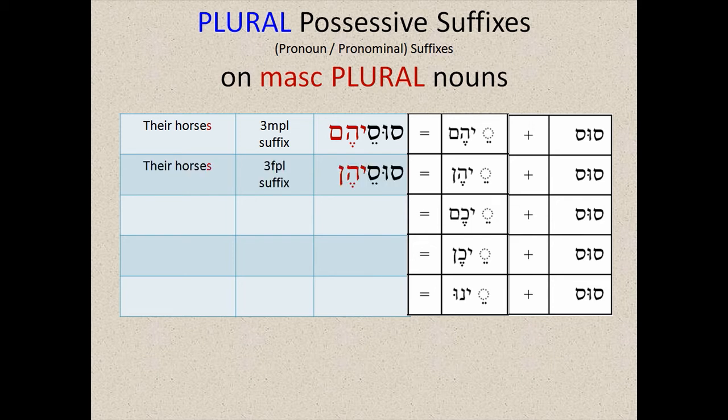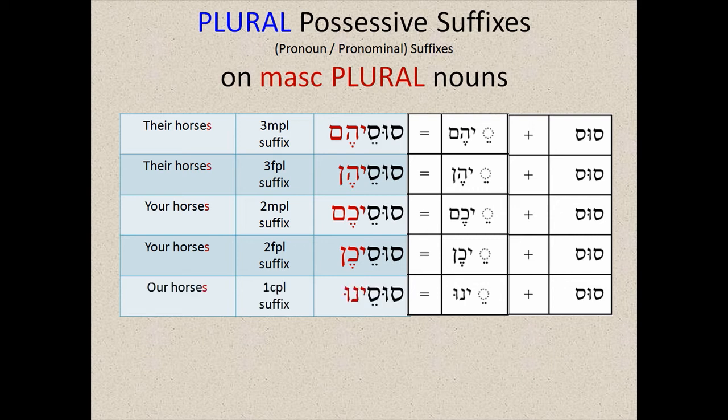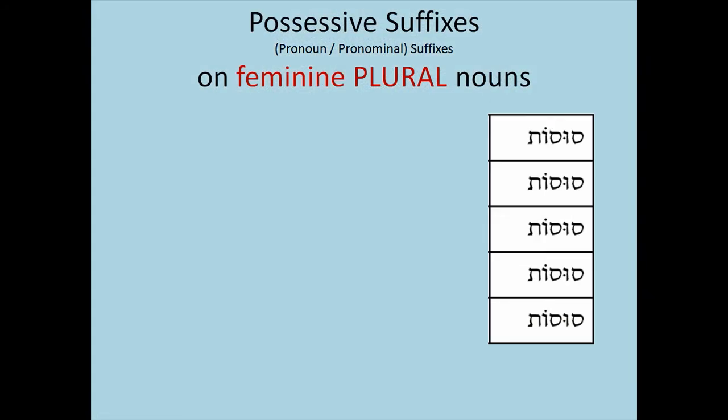Sus ahen, their horses. That's the feminine plural, third person. Sus akem, your plural, horses, noun gets translated as plural. Sus a ken, your horses. And finally, sus a nu, our. Again, the suffix is plural. Our horses.